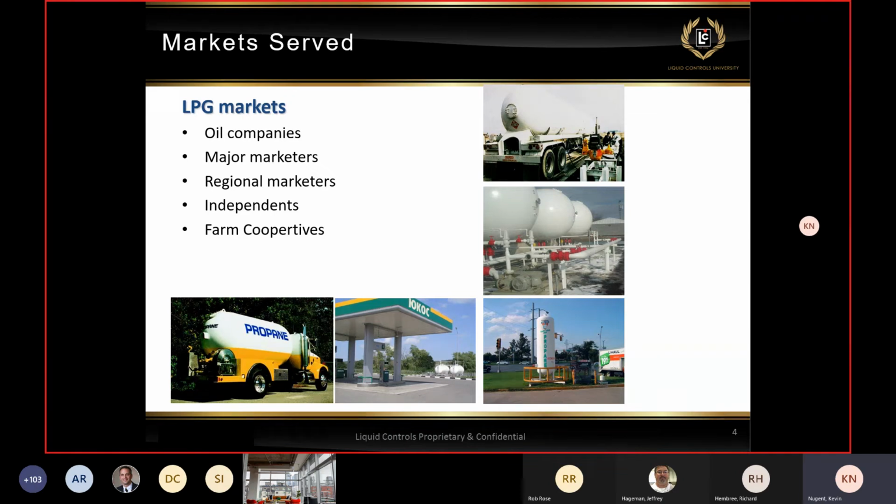Also, within the liquid propane gas market, we're dealing with the major marketers. All of us have regional marketers within our areas of responsibility that we can speak to. The independent marketers, as well as the farm cooperatives, offer us a large opportunity, whether loading transports, measuring out of bulk plants, dispensing from smaller tanks, or in the truck-to-customer market.